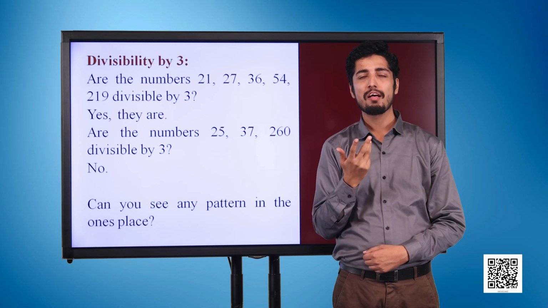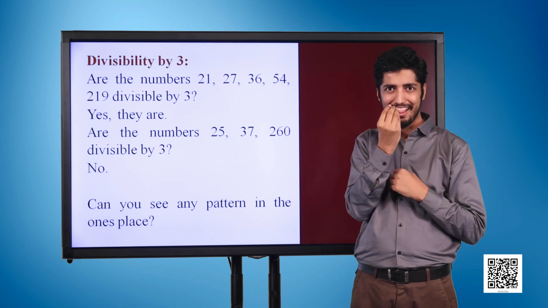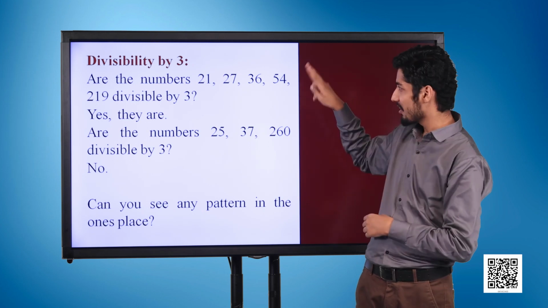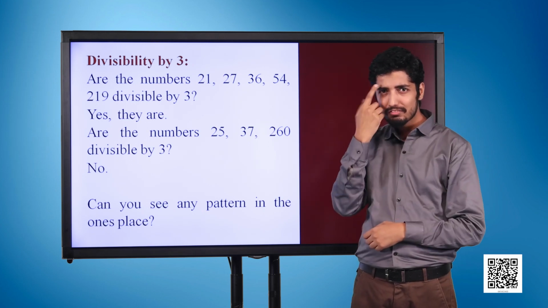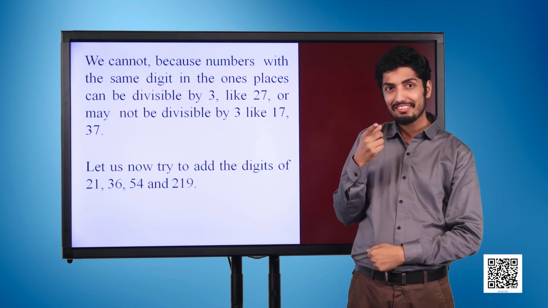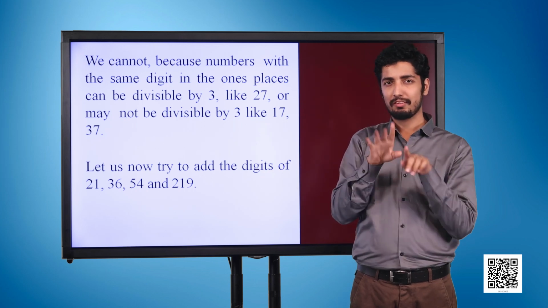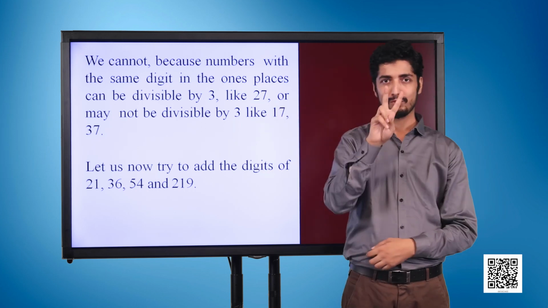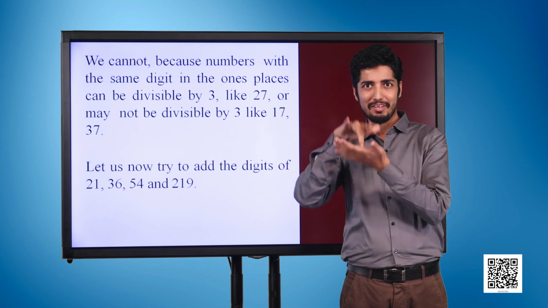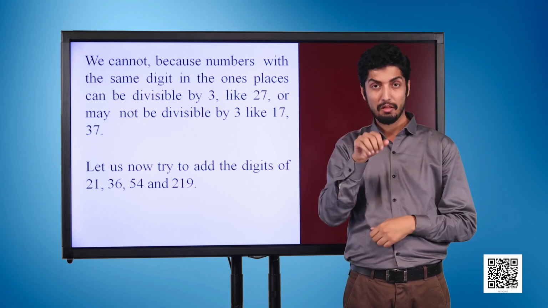No. Can you see any pattern in the ones place? We cannot, because numbers with the same digit in the ones place can be divisible by 3, like 27, or may not be divisible by 3, like 17, 37.